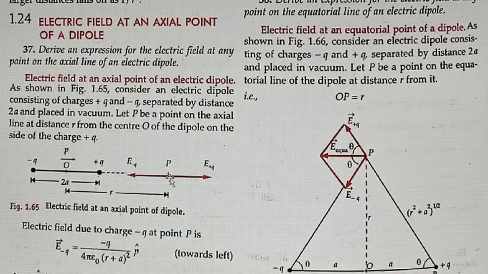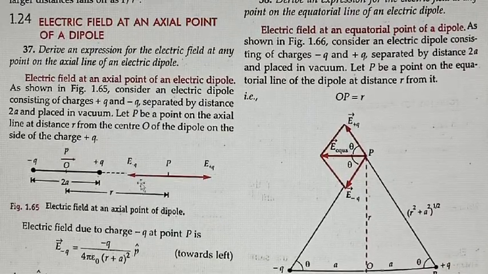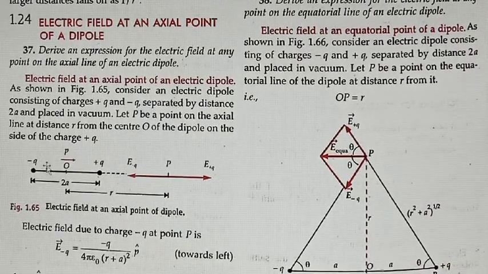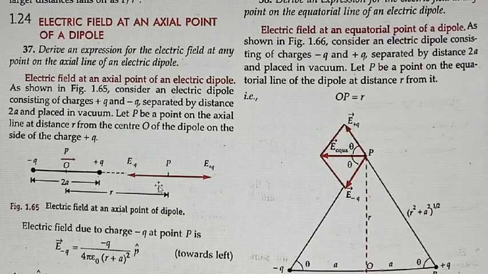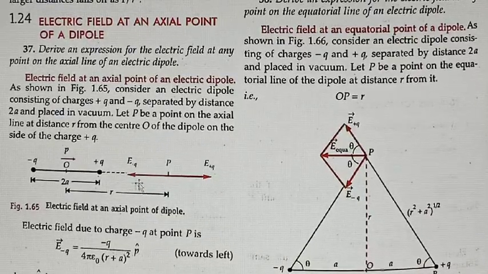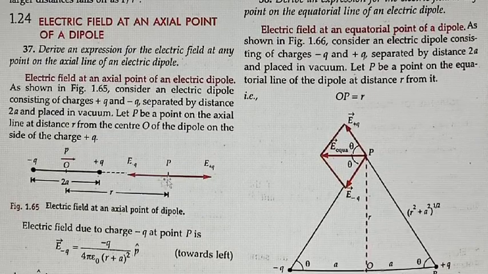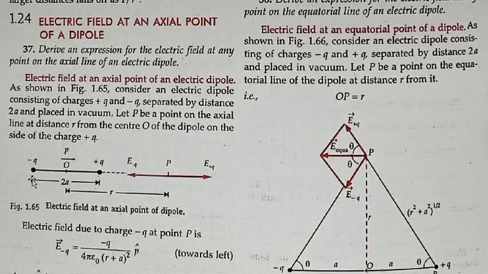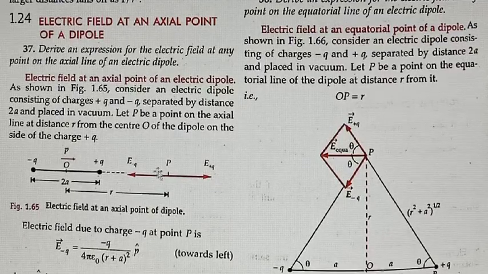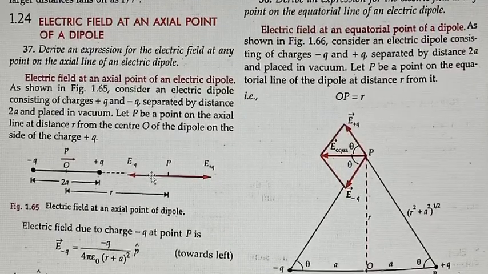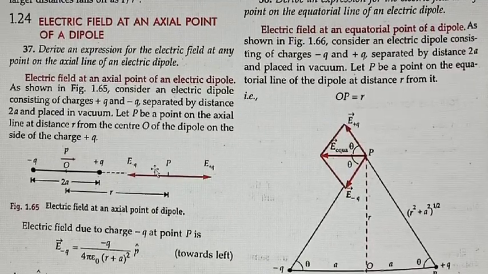Now as we are going to find electric field at point P due to the dipole, we have to apply the principle of superposition. That means we will try to find electric field at P due to minus q and electric field at P due to plus q. Then we will find the resultant of both the electric fields.